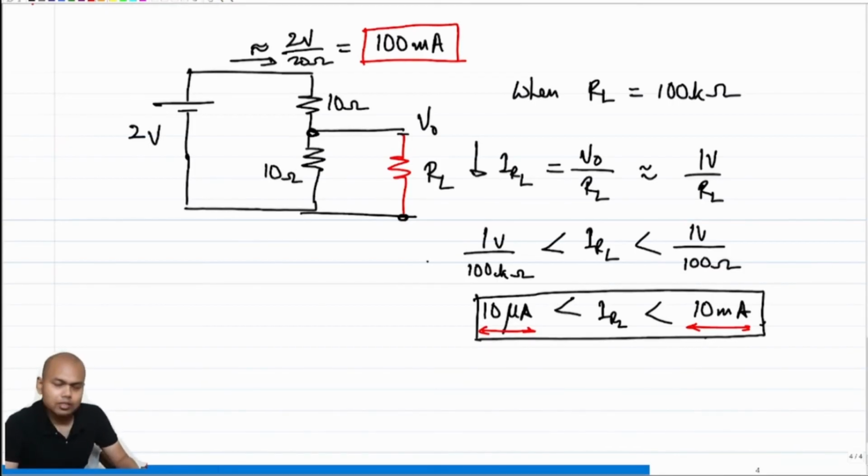So clearly this is not a feasible solution, or this is not a very power efficient way of making a voltage regulator. Or rather, a more efficient way of expressing the problem is that this is a power hungry way of setting up a voltage regulator which can accommodate a variety of loads.